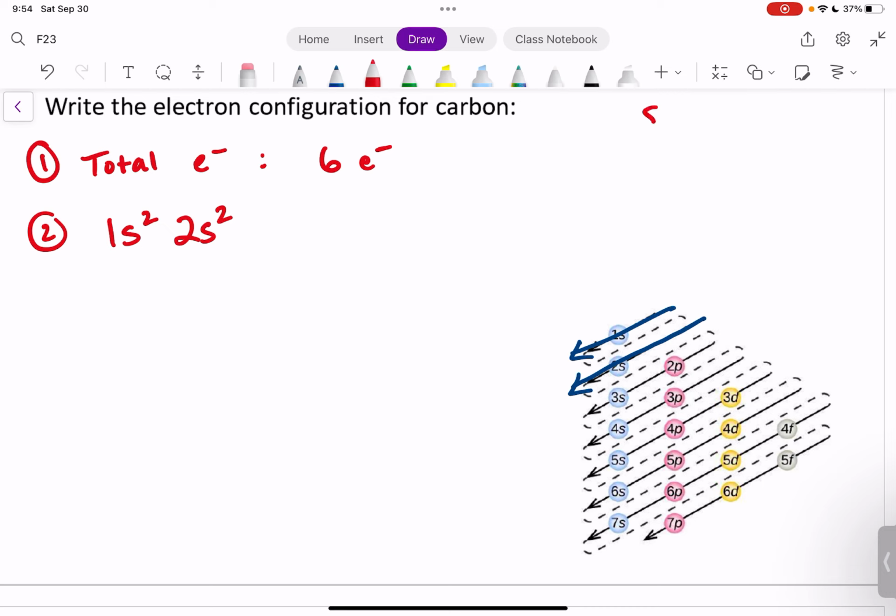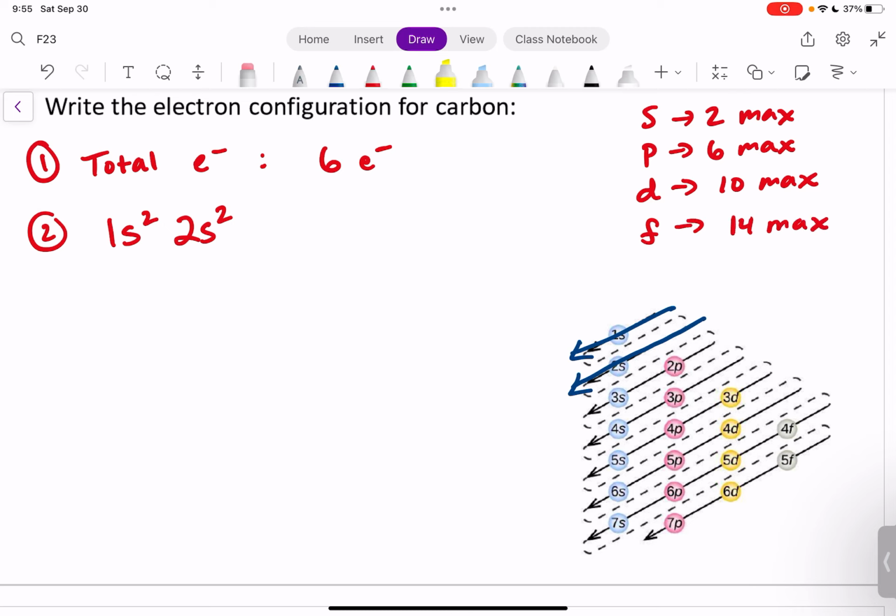Okay, s can hold 2, p can hold 6, d can hold 10, and f can hold 14. In our class, we're mostly going to deal with the first 2 subshells, but we do want to still talk about d and f a little bit.